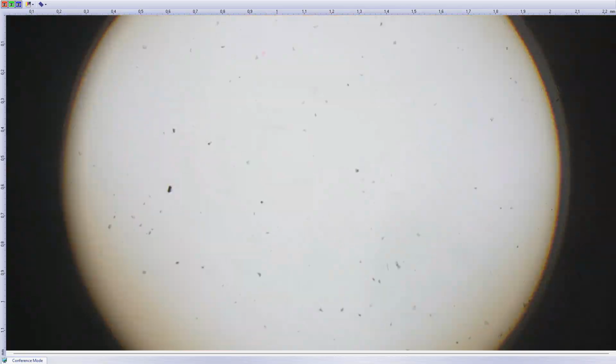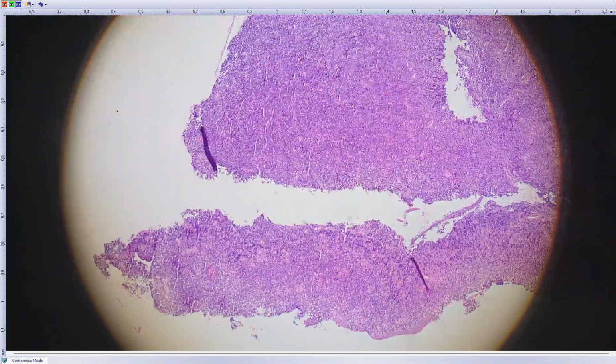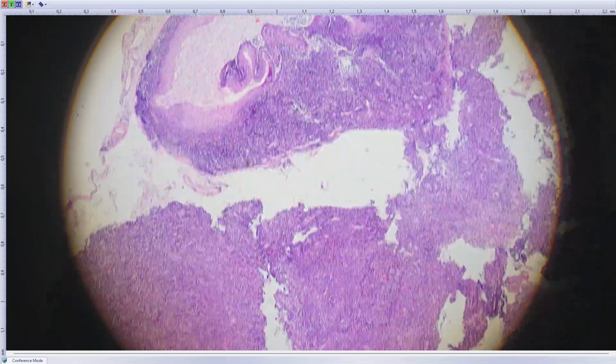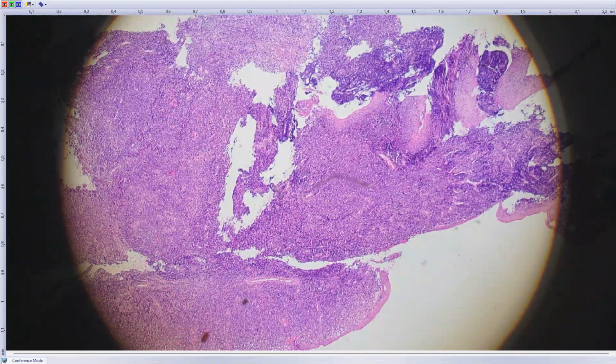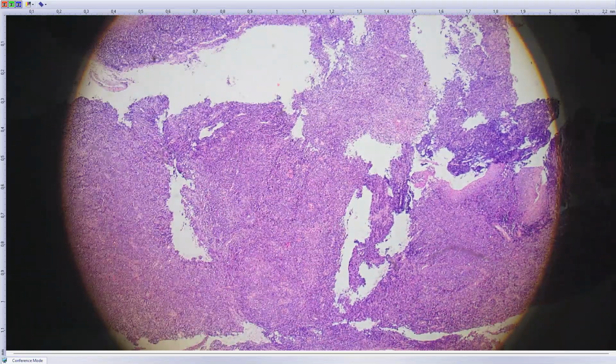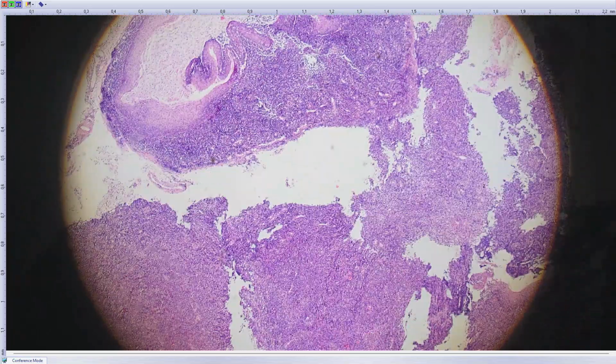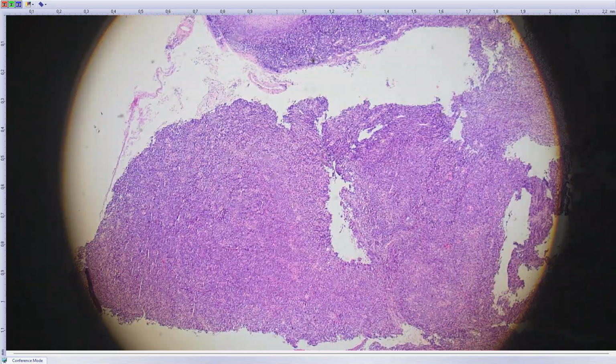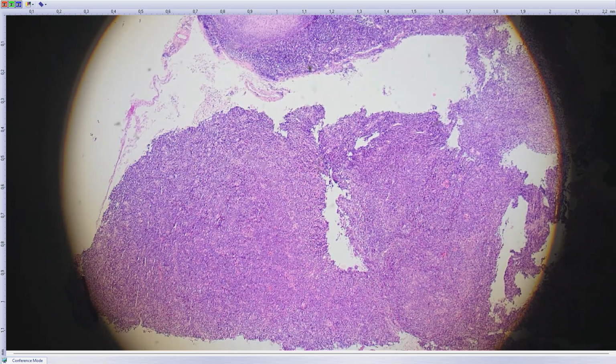And my last two cases are head and neck pathology again. This is a small biopsy from a palatine tonsil, clinically suspicious for tumor. I probably presented this case here a few weeks ago.